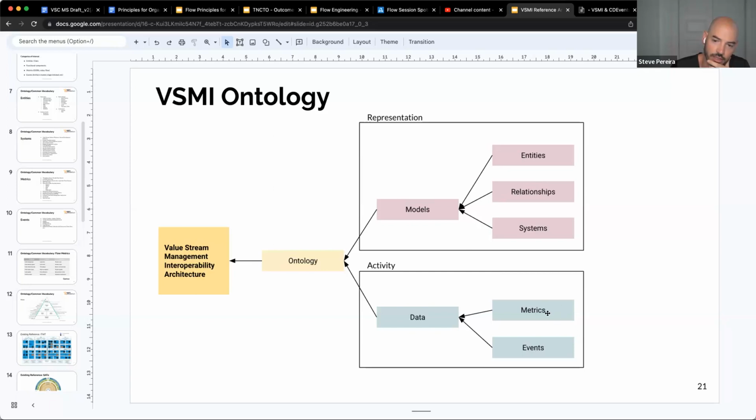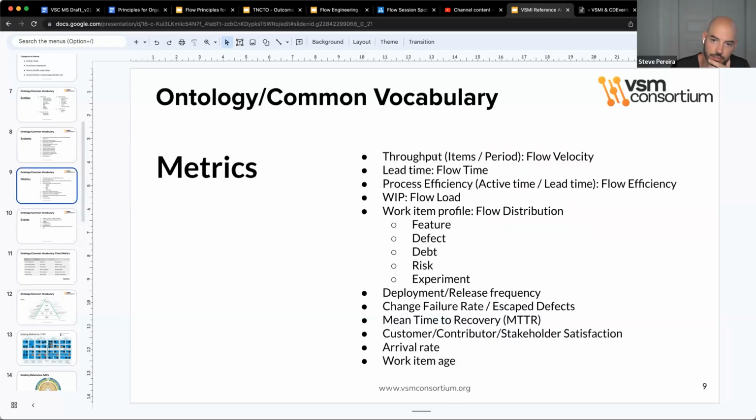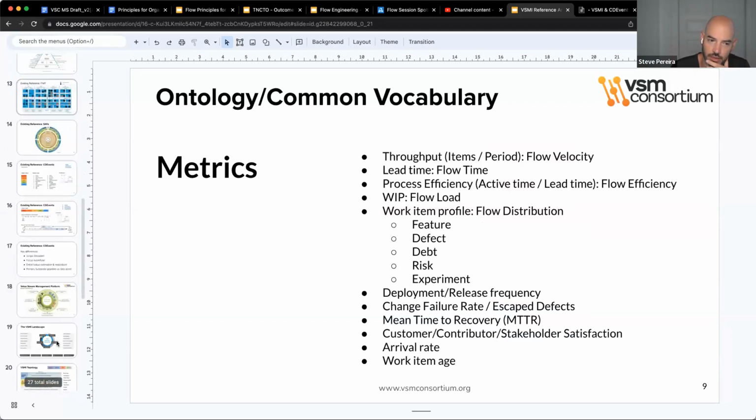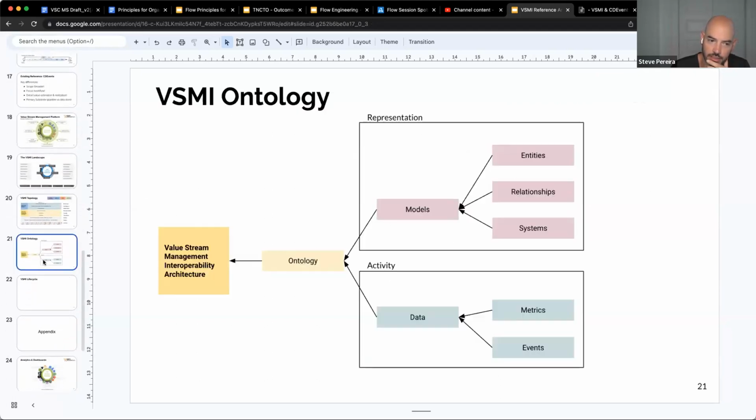So any given metric from the list could mean different things to different people, depending on what model is representing that data, because it could be represented in multiple different ways in a system that is collecting, visualizing and analyzing the data.